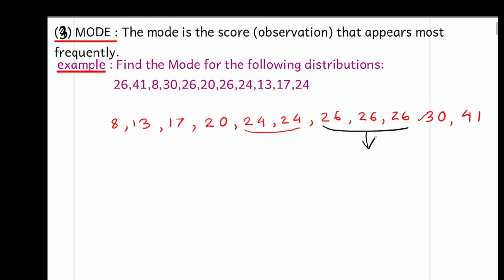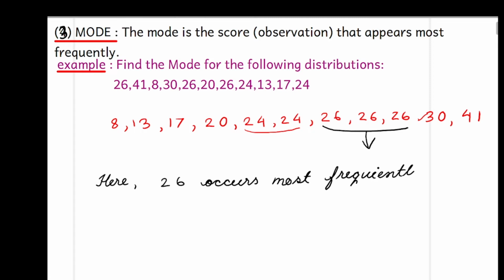That means this is the highest occurrence. So 26 occurs most frequently, 3 times. So mode is equal to 26.